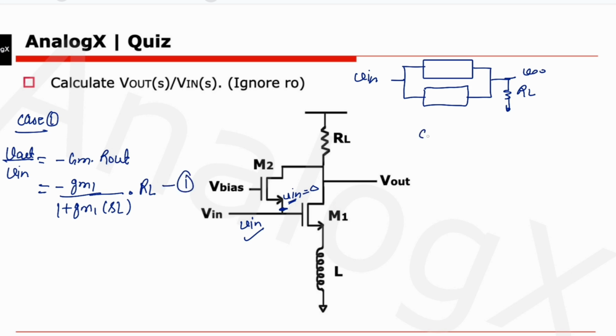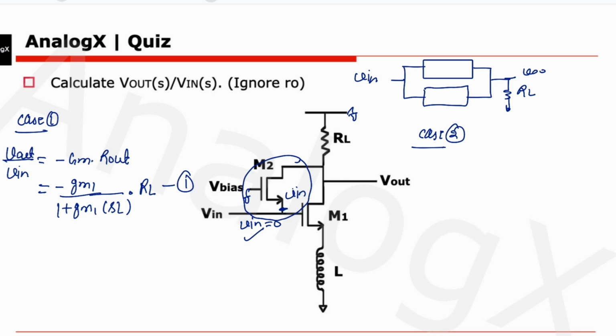In the second case, we will consider this input and set the other input equal to 0. So this will be small signal ground. Now we note this circuit is a common gate. We are applying input at the source and taking output at the drain, and my gate is ground or common.